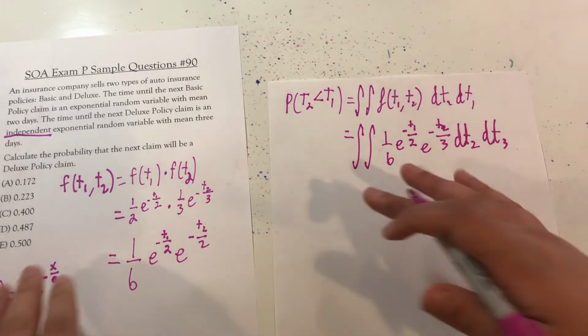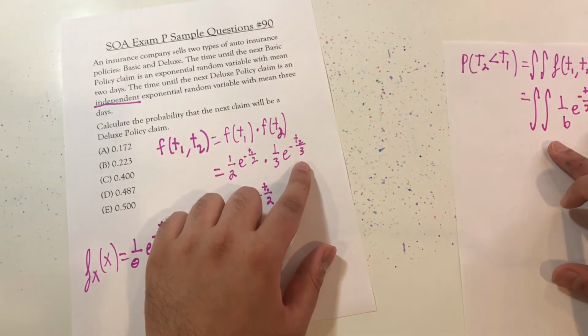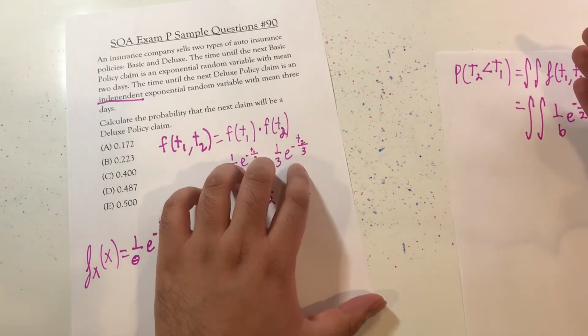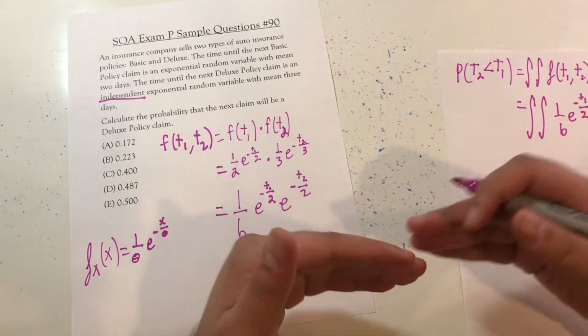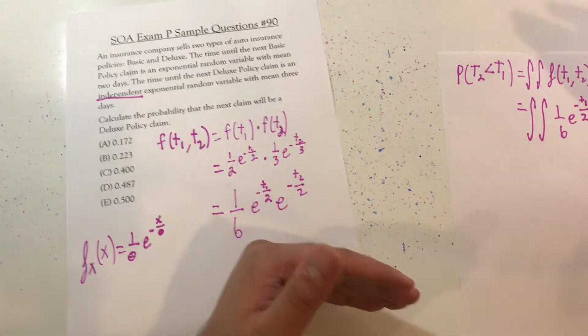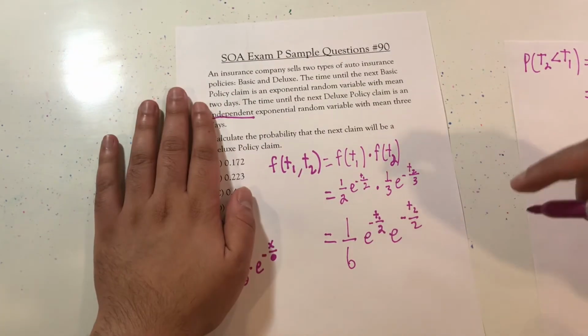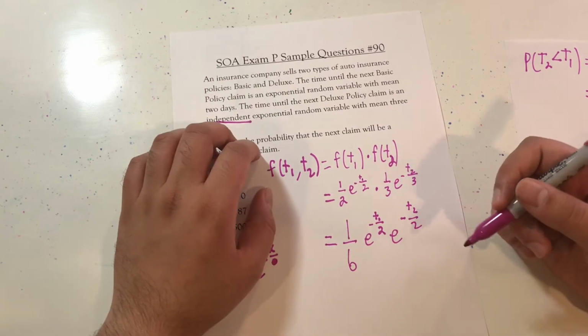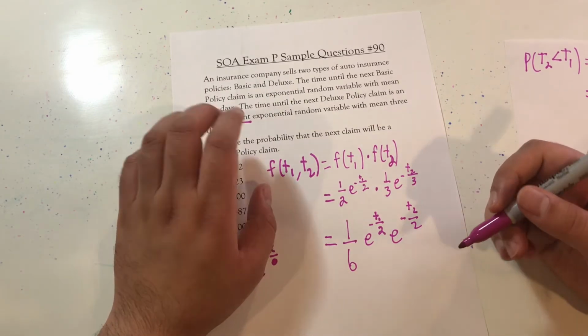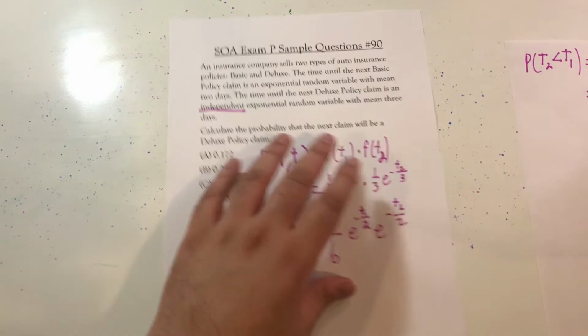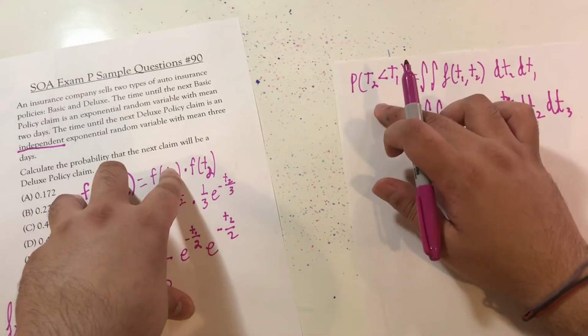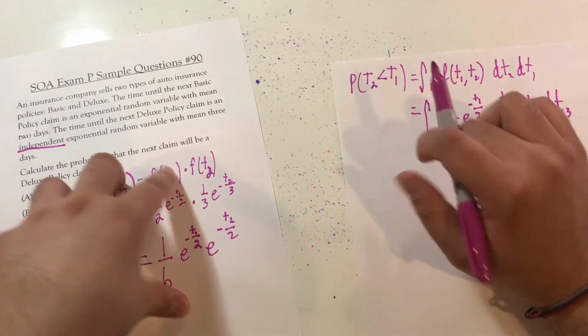Okay, so now how do we know what our boundaries are? Well, this density function, the next policy could happen anytime between 0 all the way to infinity, right? We're not explicitly told, and there's no way for us to determine any upper bound for the policies. The restriction we're given based on the question we're being asked, though, is we know T2 needs to be less than T1, okay?